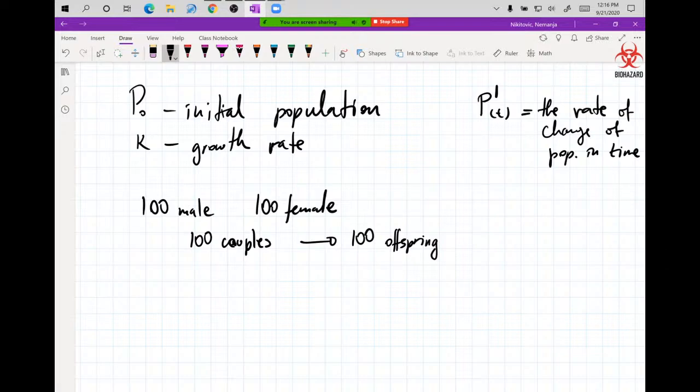So if this is 2020, then in 2021, you're going to have 300 units of this population, because you still have the original 100 male and 100 female. That's 200 units. But then you also have another 100 of the offspring because you had 100 couples. So you have 300 population in 2021.